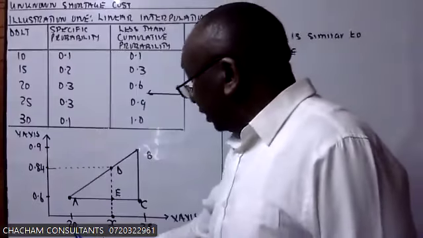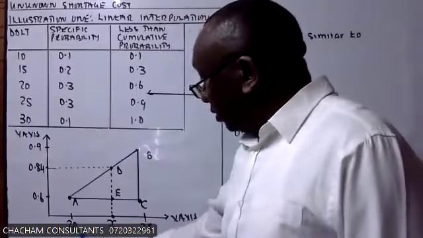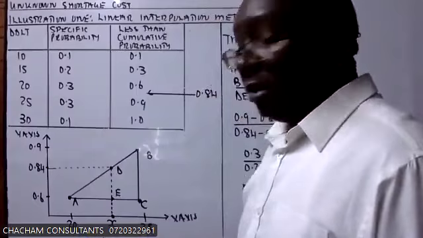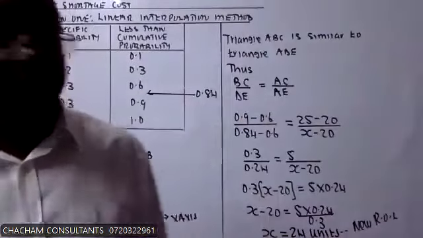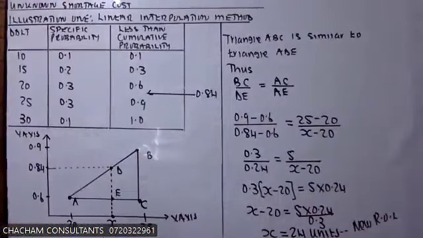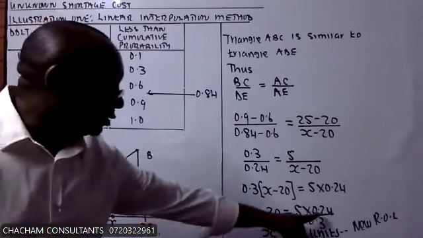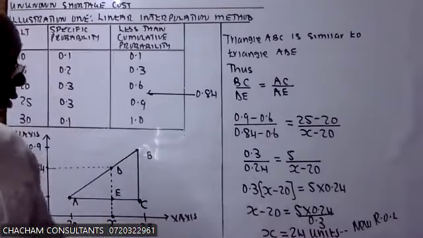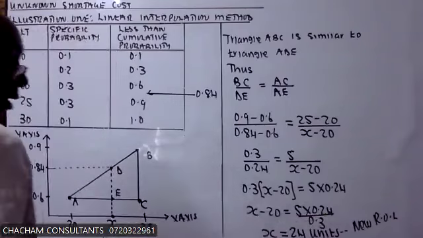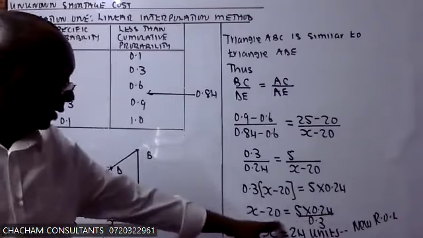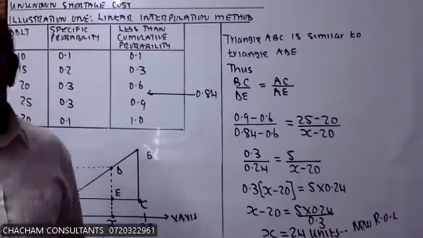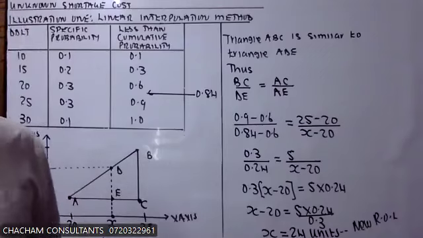There must be something greater than 20. So now I go between 20 and 25. There must be. So just rework it again. Say 5 times 0.24. You divide by 0.3. Then you add 20. It's 24. Is it right? 24 is right.